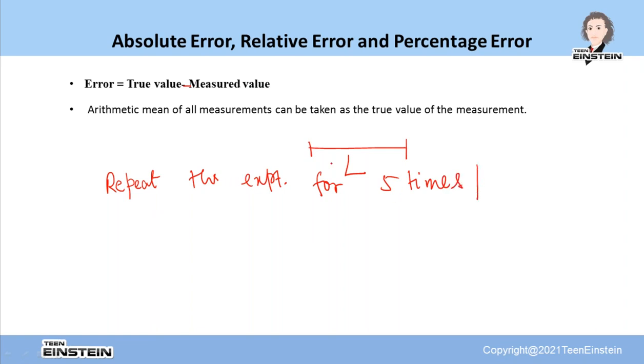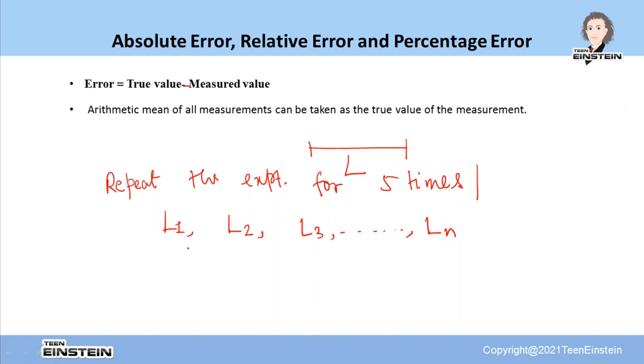If I measure this L 5 times, then if I am really honest, I will not get the same value of length always. I'll get different values. Suppose I get L1 sometime, L2 sometime, L3 sometime, and like that, suppose I do n times measurement. Then I'll get Ln.